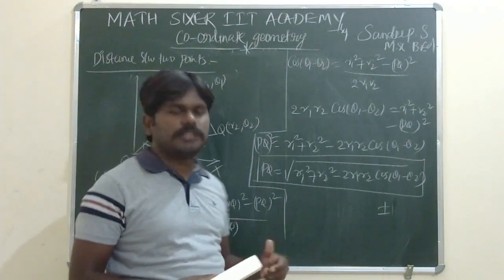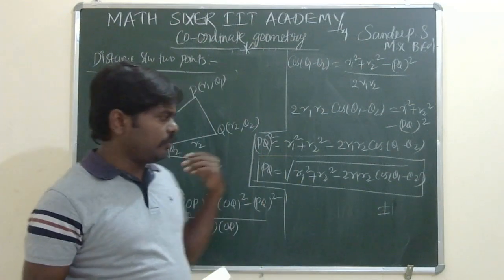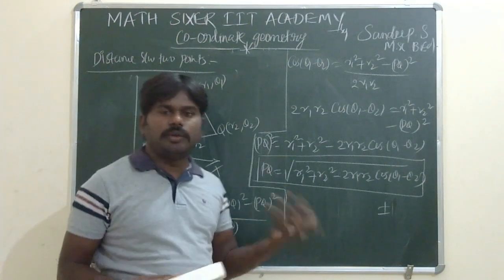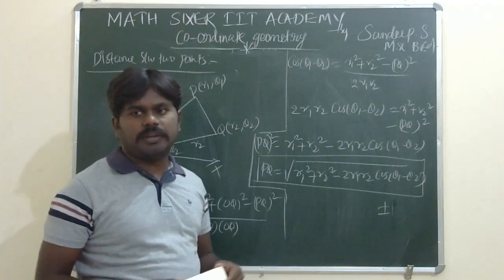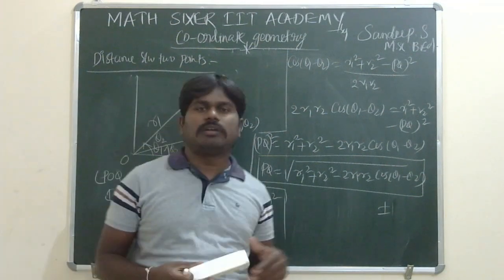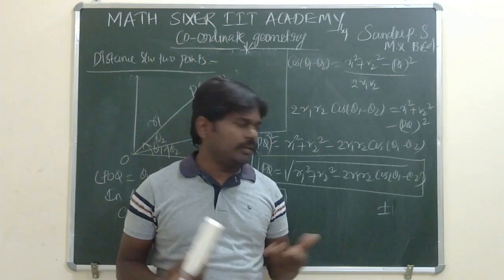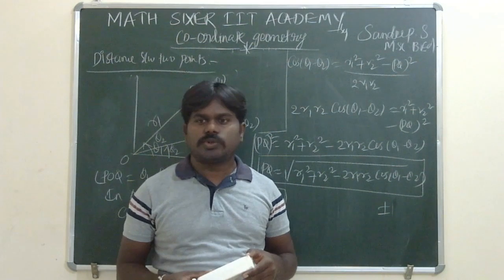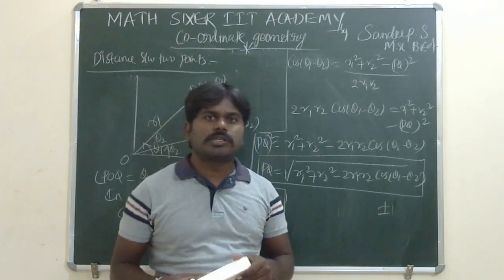In the 4 quadrants we don't know which quadrant a particular point belongs to. Though we may have negative coordinates, we get the distance as positive, so we have to use the plus or minus symbol.